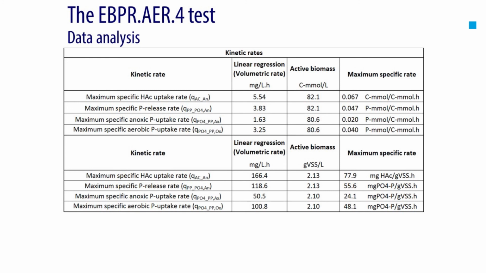This suggests that about 50% of the PAO biomass present in the sludge is capable of performing the anoxic removal of orthophosphate, or that the total PAO biomass is composed of about 50% denitrifying PAO or DPAO.